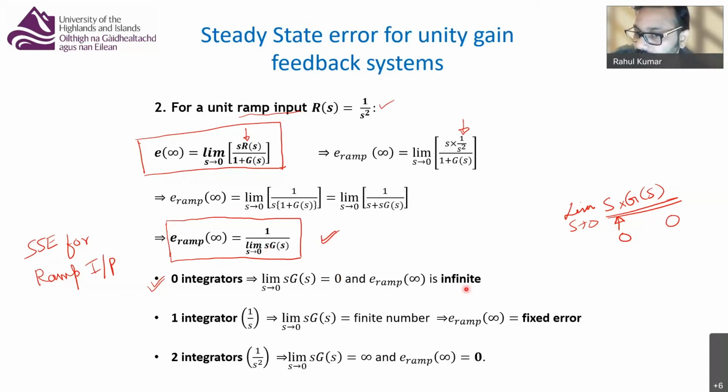That means if you do not have any free s term, or as we say, any integrator in the transfer function g of s, then my steady state error for ramp input will be infinite.